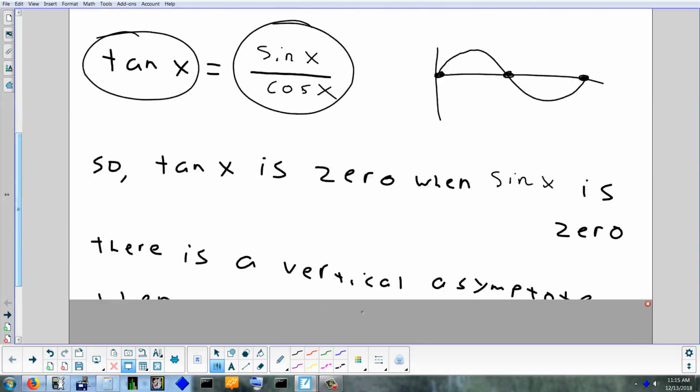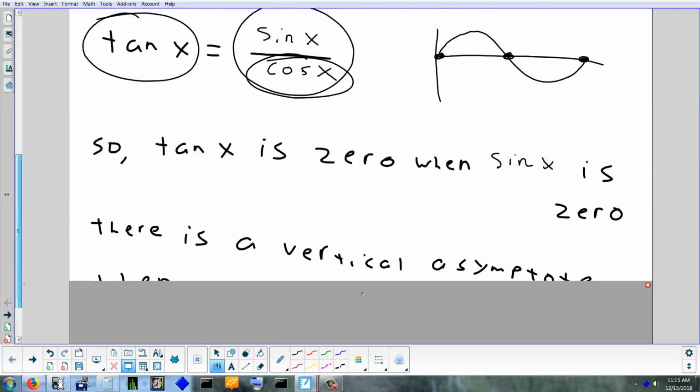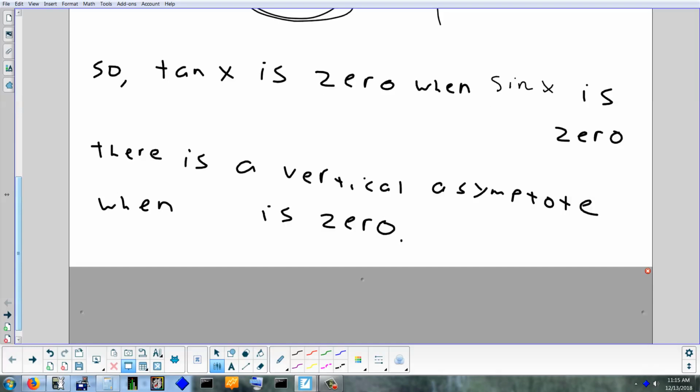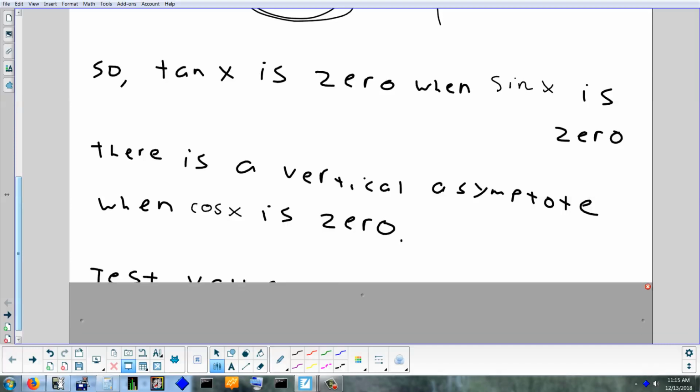The reason we're going to have asymptotes is because it's a fraction. And what number are you not allowed to divide by ever in a fraction? 0. So there's going to be a vertical asymptote every time that the cosine is 0. So when is the cosine 0? Well, here's your cosine function.